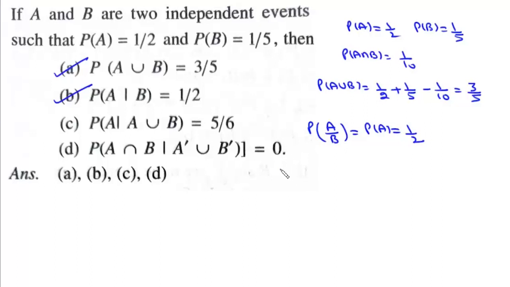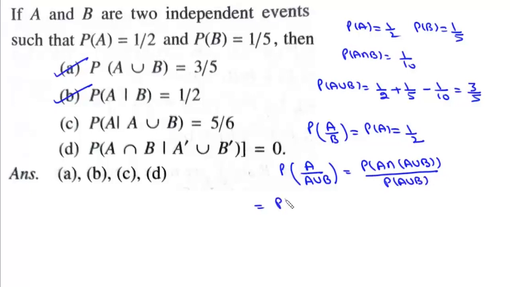Now if we look at probability of A upon A union B, then it will be probability of A intersection A union B upon probability of A union B. Now A intersection A union B is probability of A. So it will be probability of A upon probability of A union B. Now probability of A is 1 by 2 and A union B is 3 by 5. So this probability is actually 5 by 6, and that's your option C.